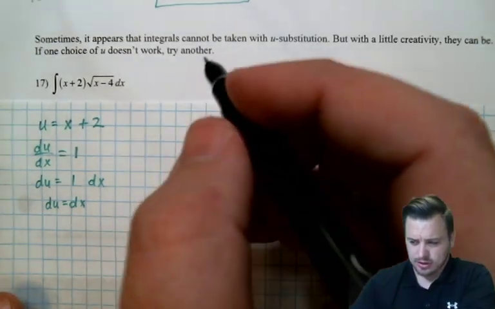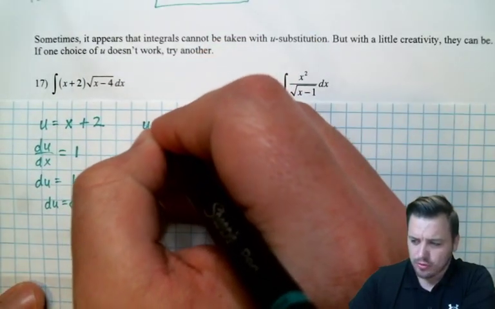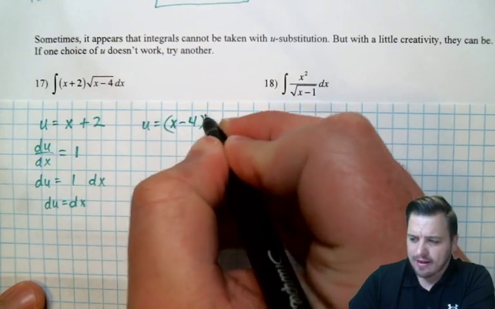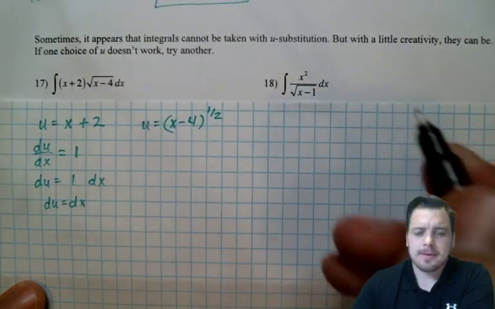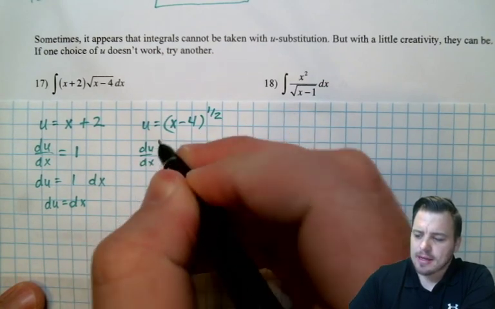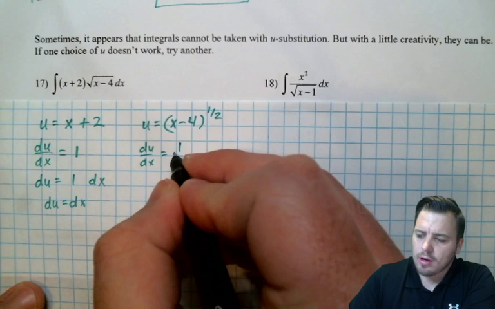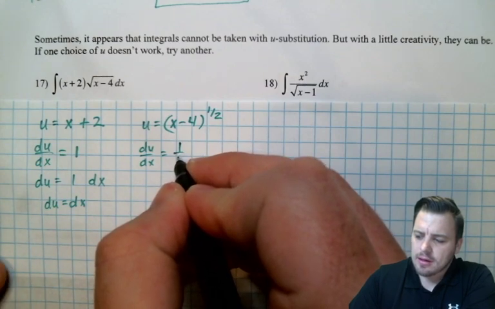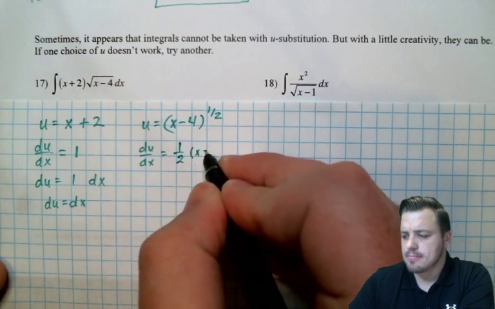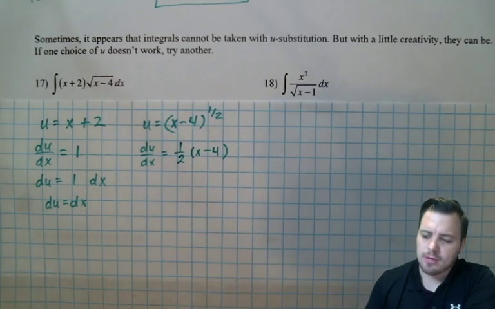All right, so let's look at the other one. What if we made u equal to x minus 4 to the 1/2? Well, that would make du over dx, what? 1/2 x minus 4, and then just times 1.